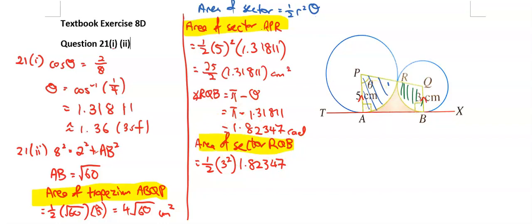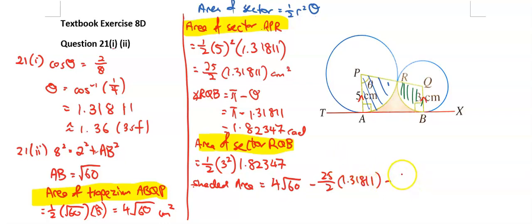In order to find the shaded area, the last step, we use subtraction. Shaded area is 4 root 60 minus 25 over 2 times 1.31811, minus this one, 3 squared is 9, so 9 over 2 times 1.82347.